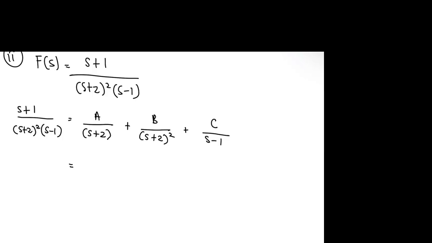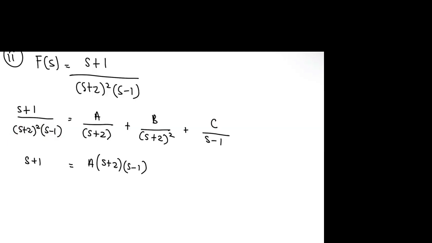Next, you need to expand this one. So first, we write this as S plus 1. For A, what factors does A need to multiply? Let's observe what A has. A has 1 of S plus 2, power 1. Here, we have power 2. So it lacks another S plus 2, and S minus 1. So this is what A lacks. B already has S plus 2 square. So what doesn't B have?